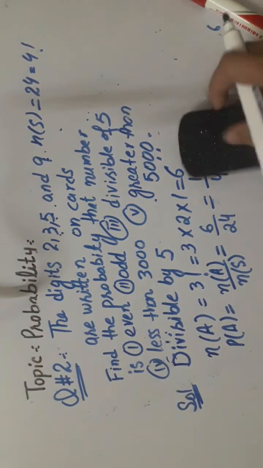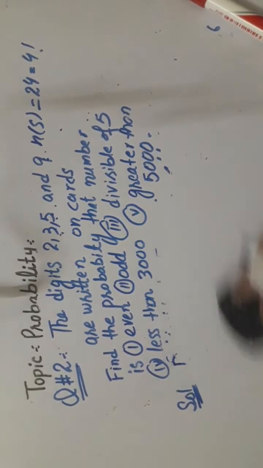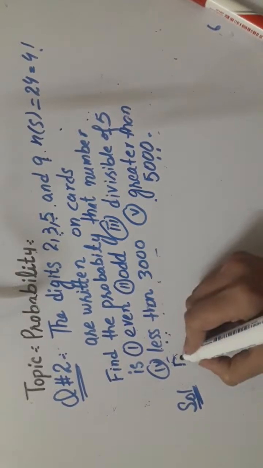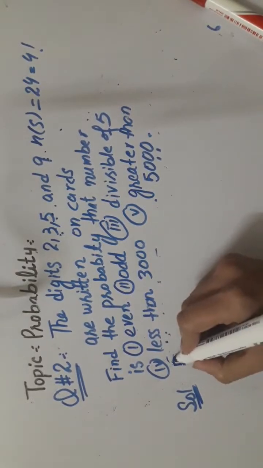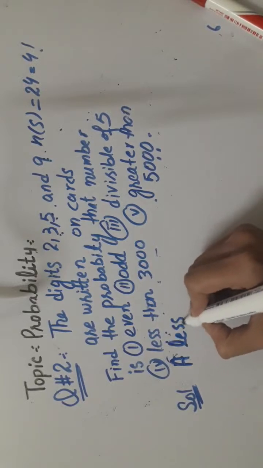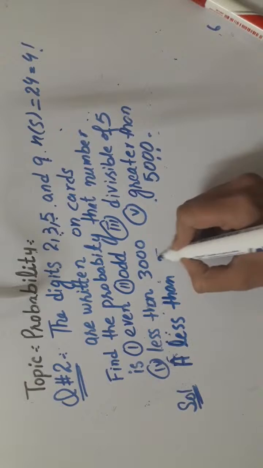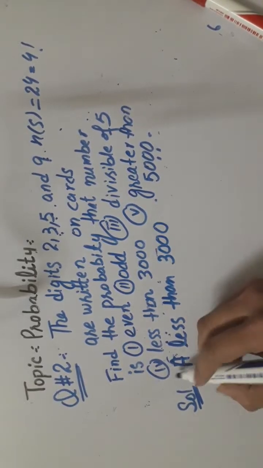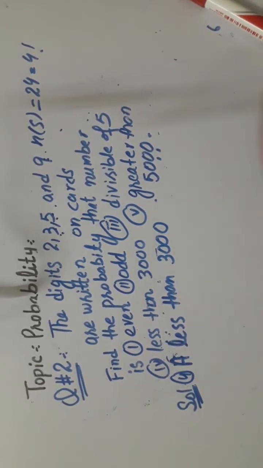So we will solve this. The question is event A, less than 3000. We are solving the fourth part.